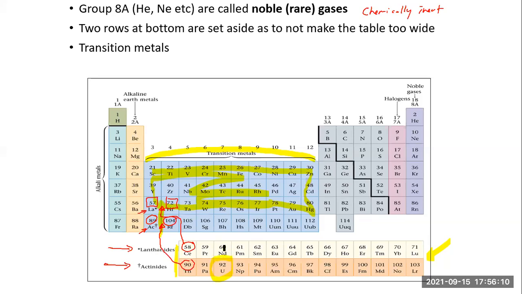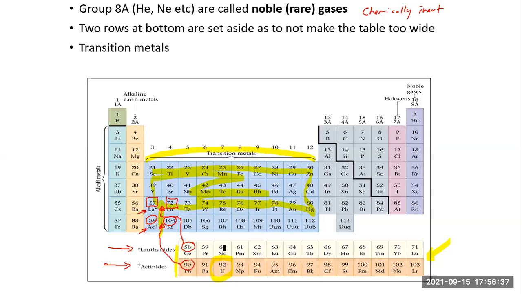Other than that, we don't see too much. Most of those guys on the bottom two rows are radioactive elements, and a lot of them are man-made ones, things like californium, einsteinium, nobelium. That's where those radioactive guys end up.